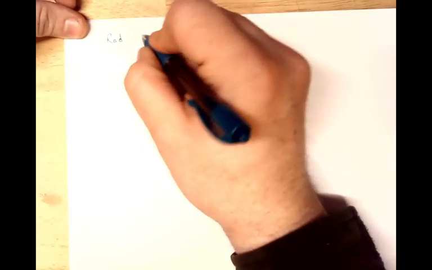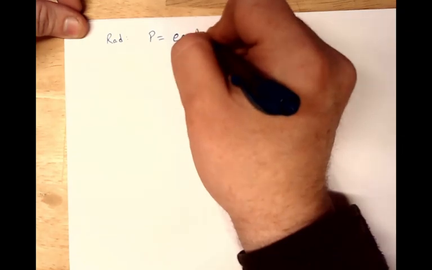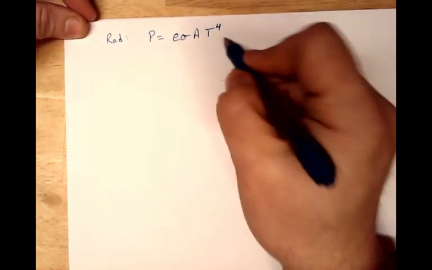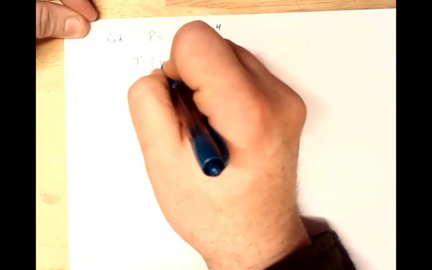For radiation, the power is E sigma A T to the fourth. What I want you to know is that T must be in Kelvin.